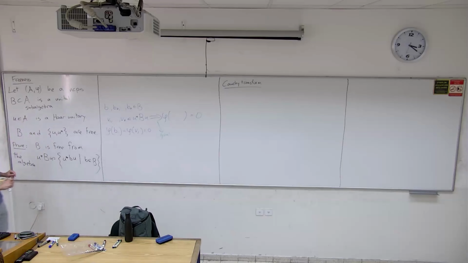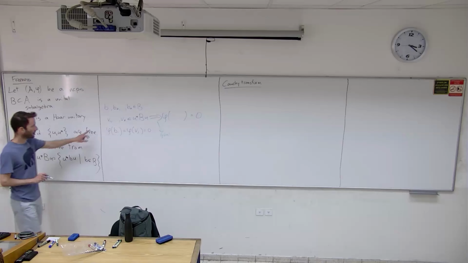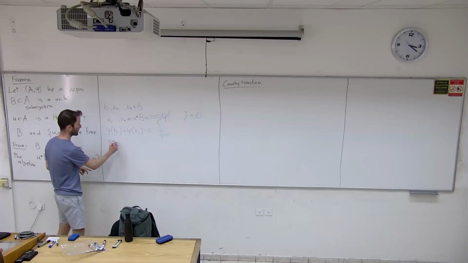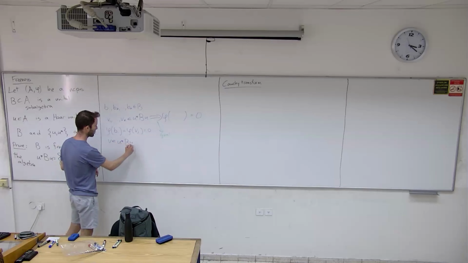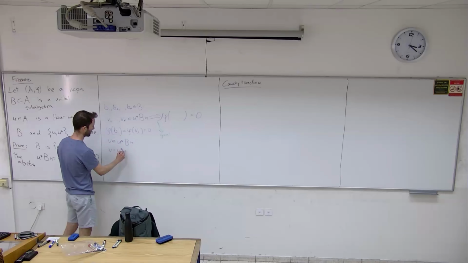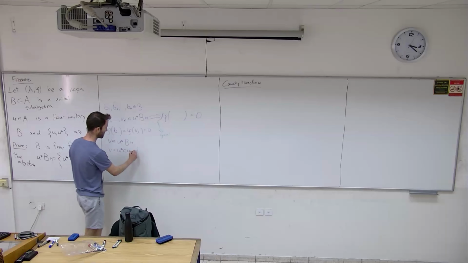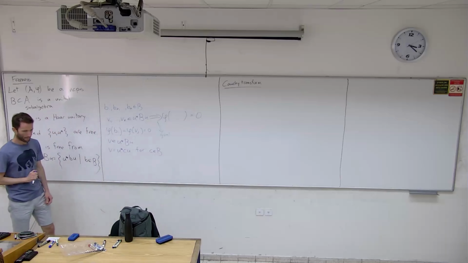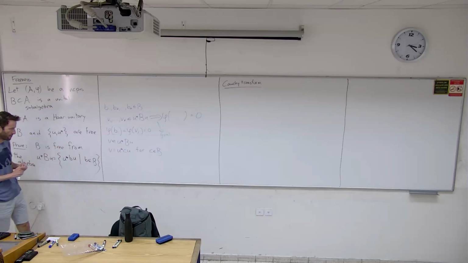Now, the way we do it is by first looking at the elements of this set. So let's look at one element here, let's call it v. And we know that v is in U star BU, which means that it equals U star cU for some c in B. That's by definition of this algebra.